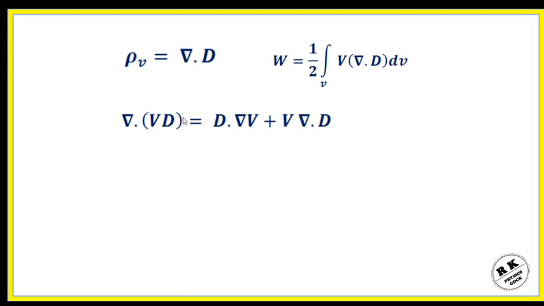In a similar way, here instead of phi we have potential V, and instead of A we have the electric displacement vector D. Remember that D is a vector and V is the potential.